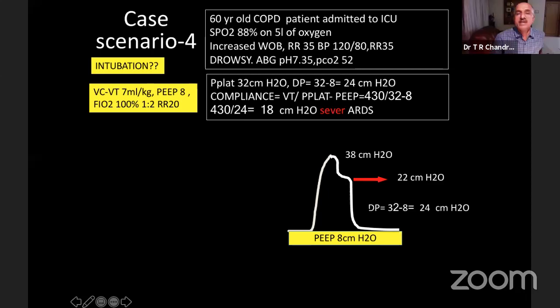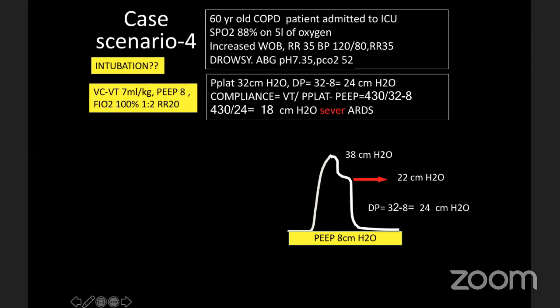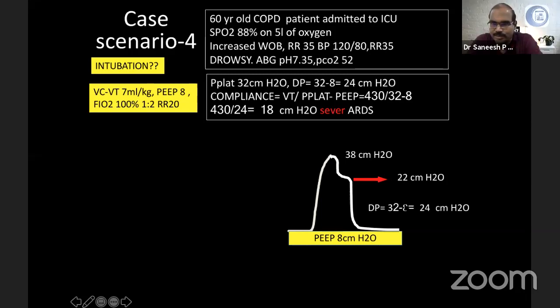No, there is a mistake. The plateau pressure is 22. This is a mistake. So the driving pressure is normal because 22 minus 8 is equal to 14. So if the plateau pressure is 22, driving pressure is acceptable, right? Only 14 is the driving pressure.